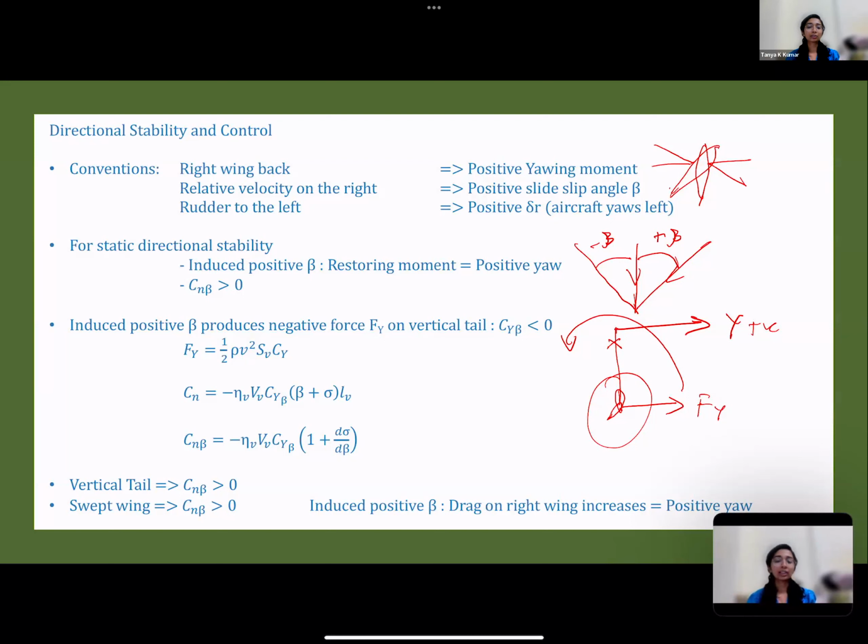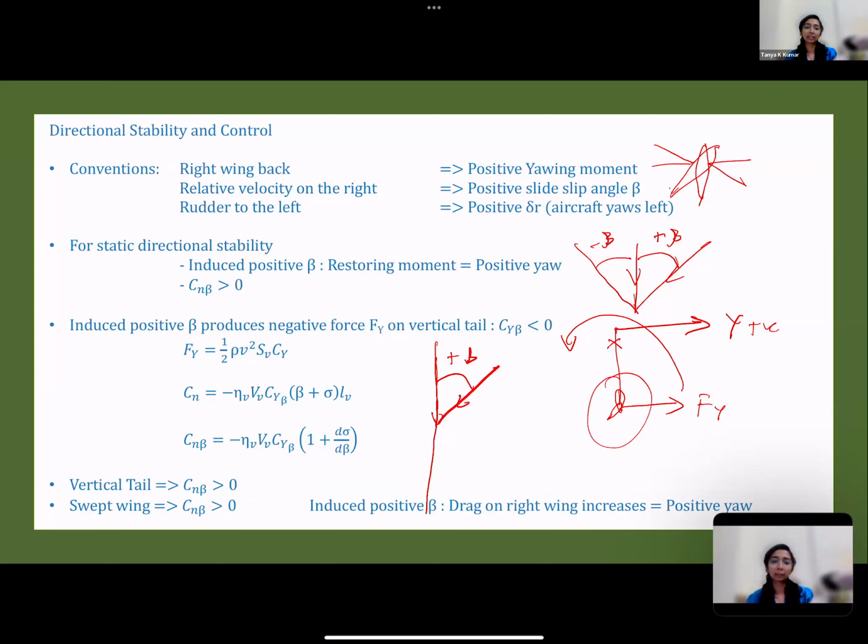Now for stability, what do we need? If this is your original relative velocity, and then it encounters some crosswind or gust, and it becomes in this direction, you have a positive beta relative to the fuselage reference line. To negate the beta, what kind of moment do you need?